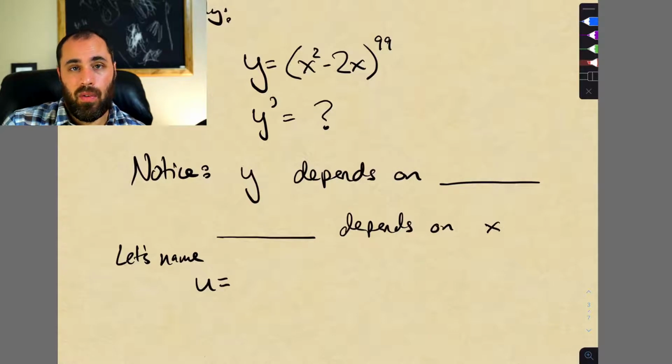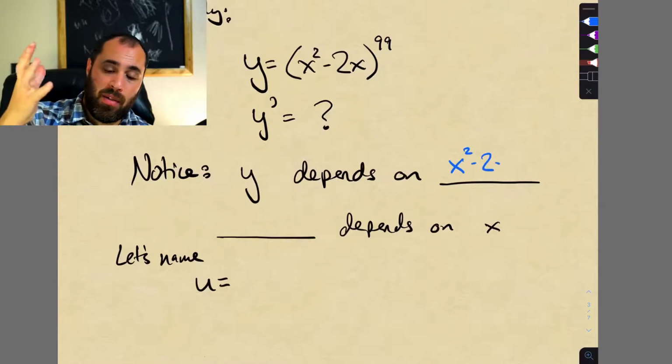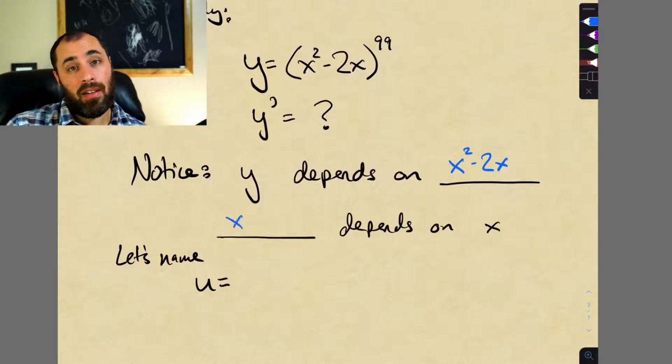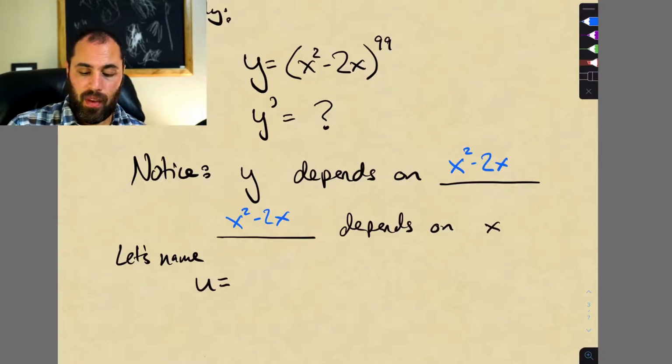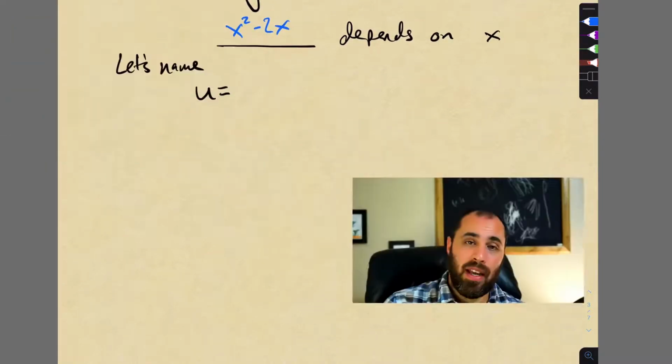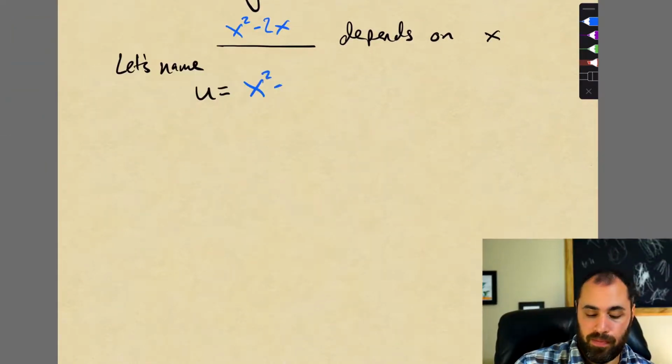Notice here that the function y depends on this quantity x squared minus 2x. If we know that, we can raise it to the 99th power. We're done. So y depends on x squared minus 2x, but in turn, that quantity depends on the value of x. So this intermediate function, x squared minus 2x, let's give it a name. We'll call it u.